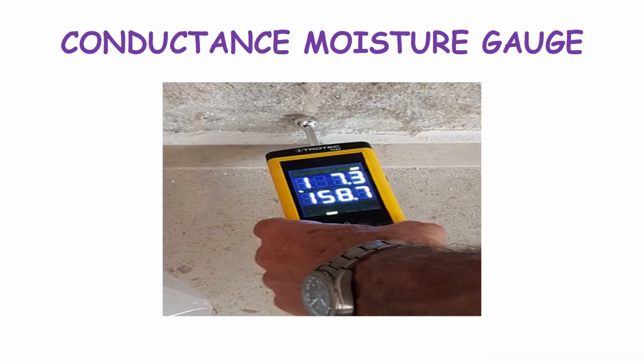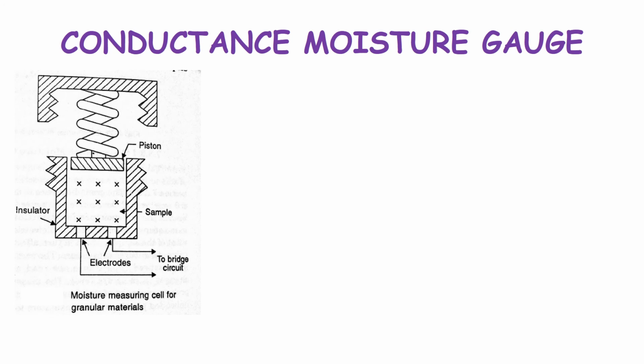The next type of gauge measurement is the conductance moisture gauge, and this is how a real-time conductance moisture gauge is going to look. Now this is a moisture measuring cell for granular materials. As I've told you, this is the portion where previously you saw it as a wall, and you have an insulator and electrodes, and a sample is fed into it.